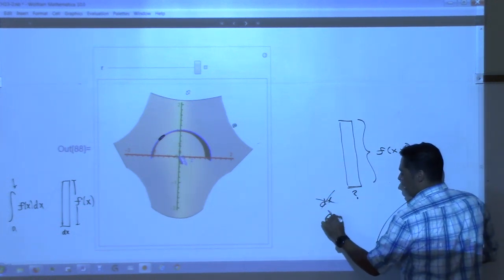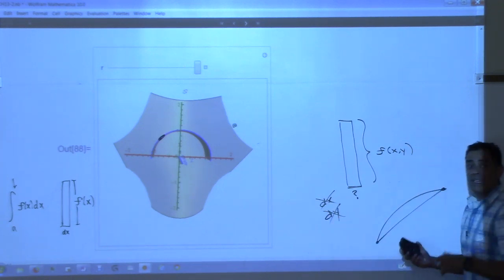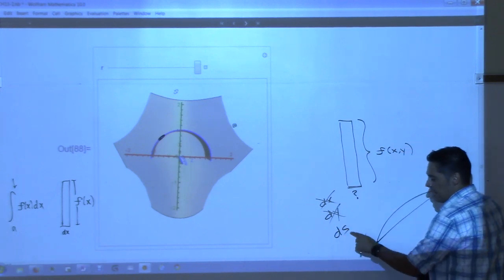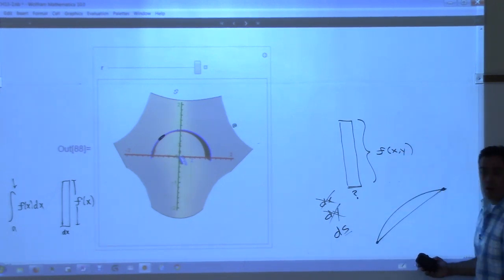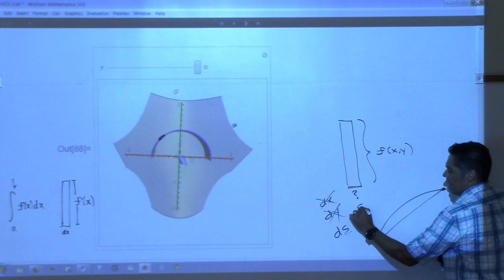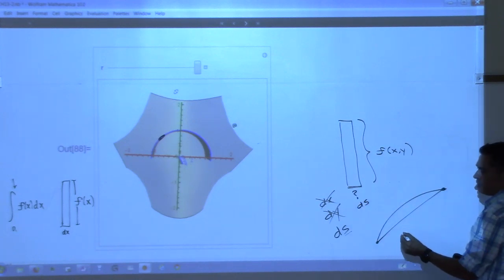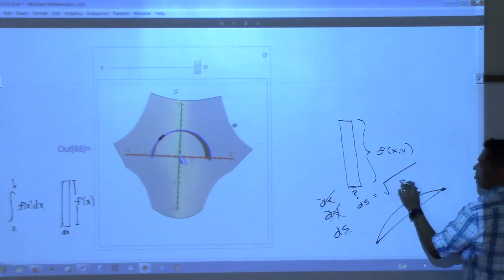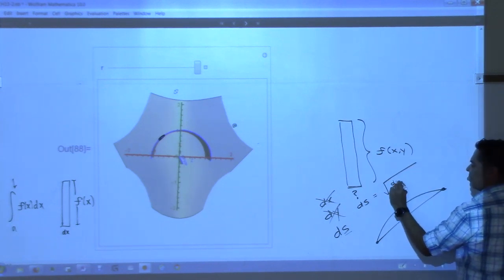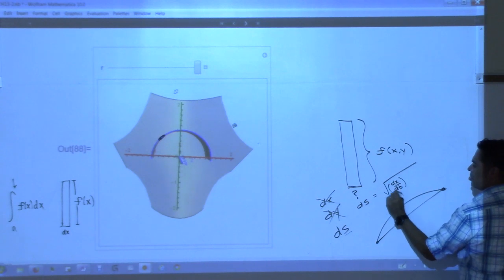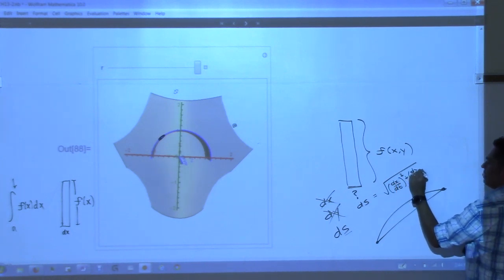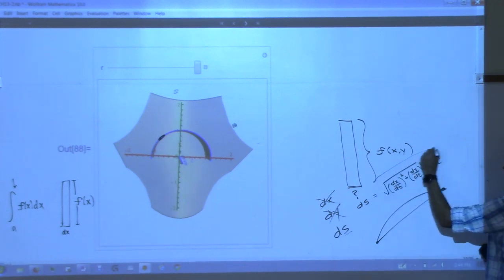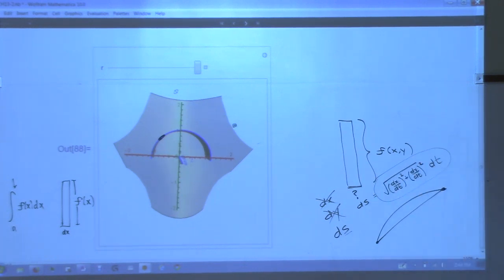It's not going to be dy. It's going to be the arc length. And the arc length we will call ds. And s is the standard letter we use for arc length. So this here is ds. And if you go back and look at your Cal 2, that is the square root of dx/dt squared plus dy/dt squared dt. This is what ds is right here.